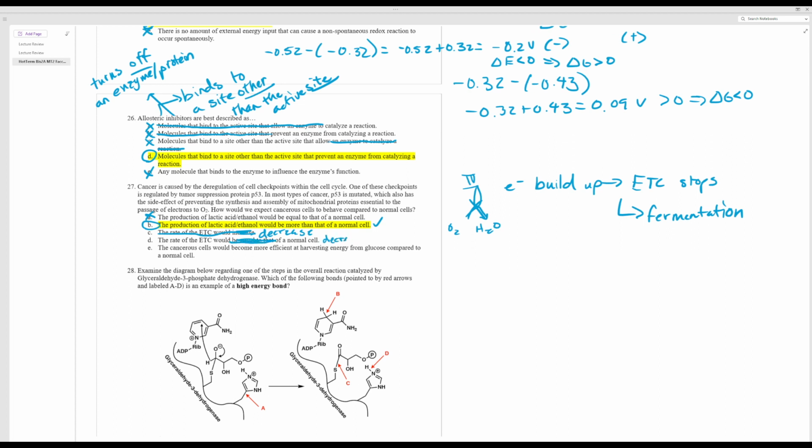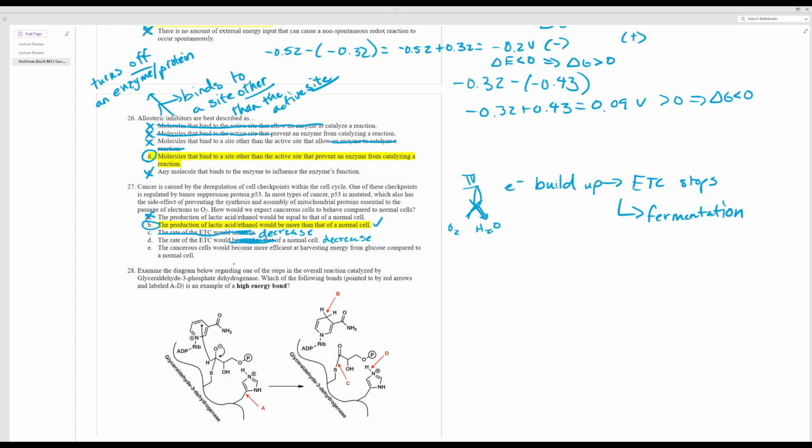It needs to decrease. E, the cancerous cells would become more efficient in harvesting energy from glucose compared to a normal cell. Well, if that were the case, it would be harvesting more ATP from each glucose molecule. But remember, when a cell is fermenting, all of its ATP is coming from glycolysis, which is 2, versus around 36-ish ATP when it's undergoing cellular respiration.